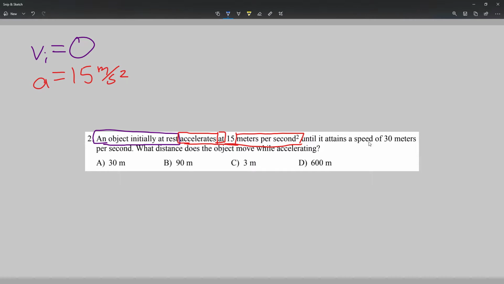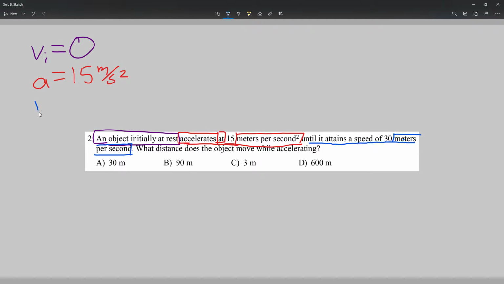We continue reading this problem, until it attains the speed of this. So you're going from rest to the secondary speed. Since it says meters per second, if you look at your cheat sheet, that's your speed or velocity.